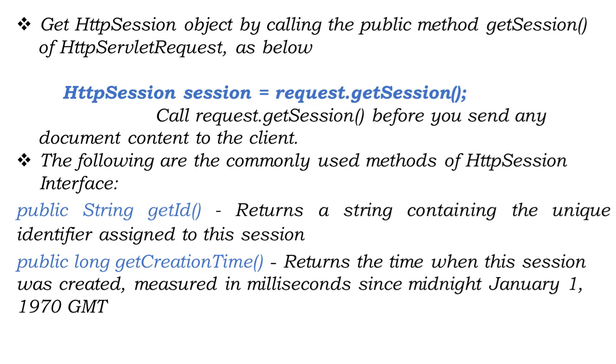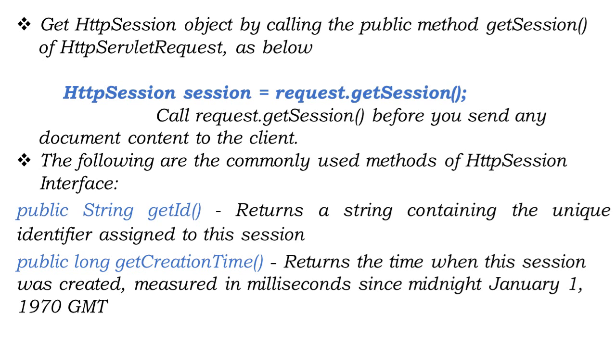The coding is highlighted in this slide. HttpSession session = request.getSession(), and this method needs to be called before any document content is sent to the client. The following are the commonly used methods of HTTP session interface.